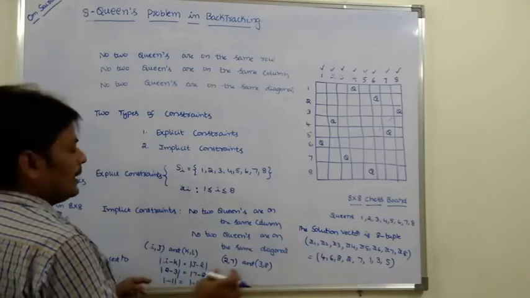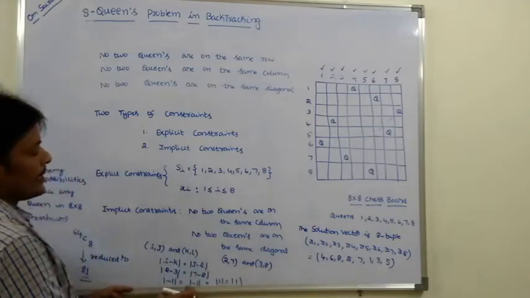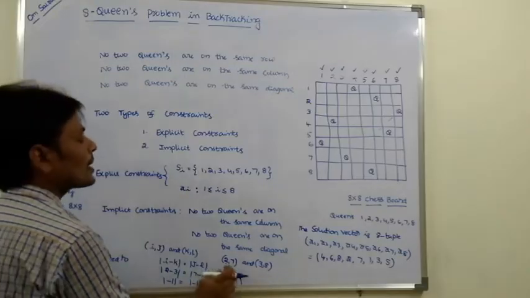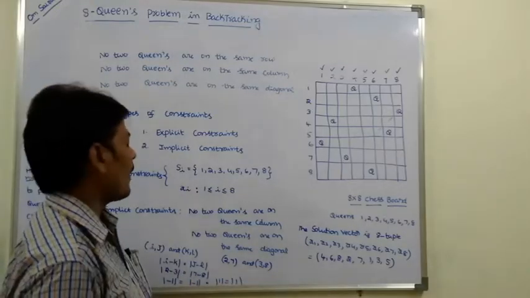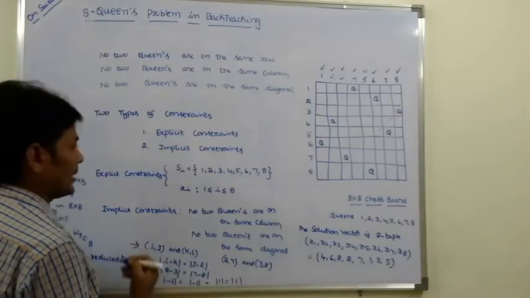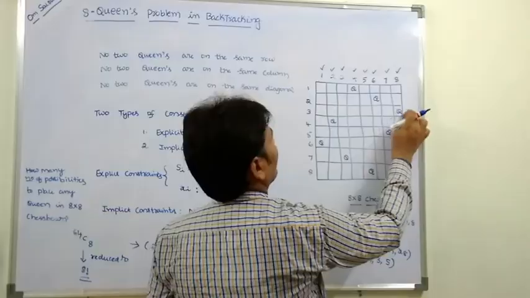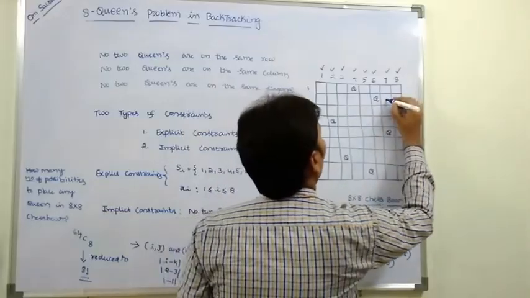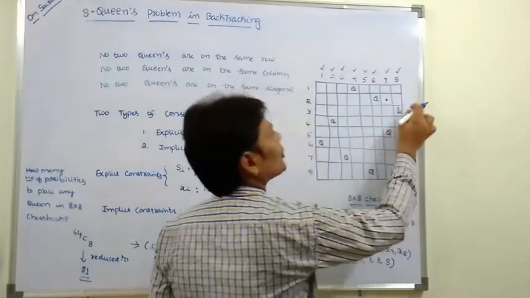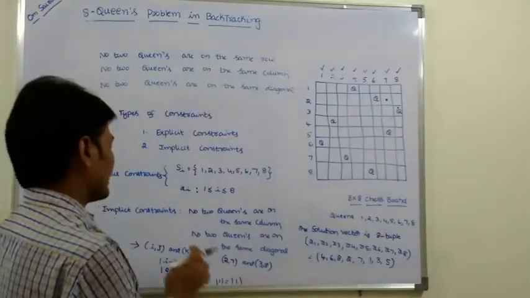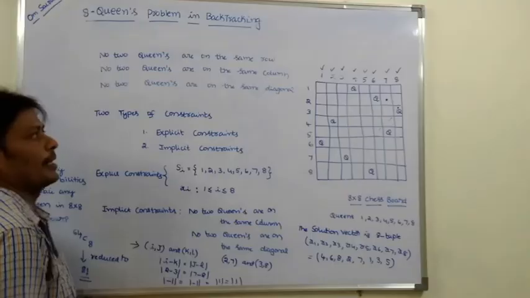So these two coordinates satisfy the condition. Then we can say that (2, 7) and (3, 8) are diagonal coordinates.